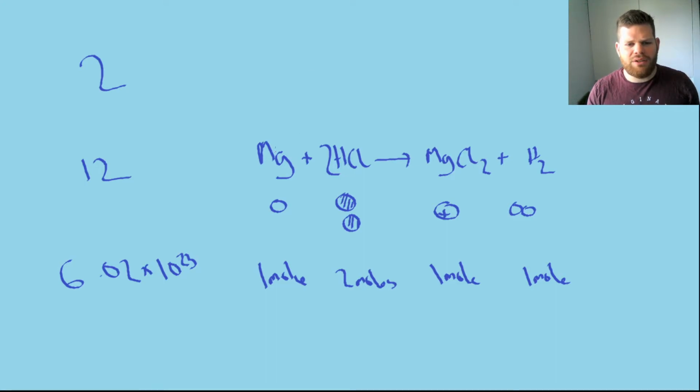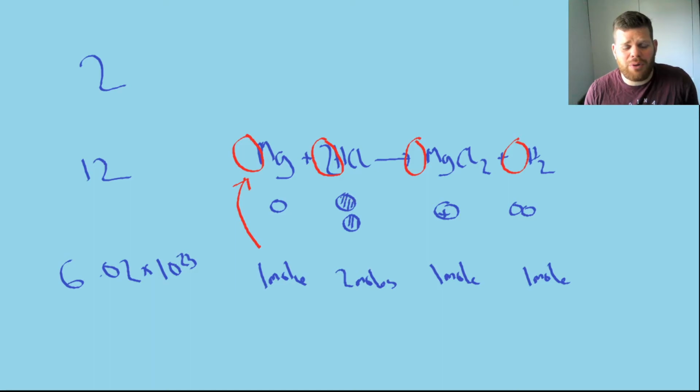Well, all I need to look at is the big number that's in front of things. So when I'm thinking about how many moles of something there is in an equation, I look at that number. So chemists don't write the number 1, okay, we just leave a space, because we assume whenever there's no number that number is 1. Okay, if there's a number 2, it means that there is 2 moles. Here we've got another gap, so it's 1 mole, and here we've got another gap, that's 1 mole.